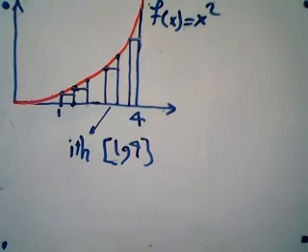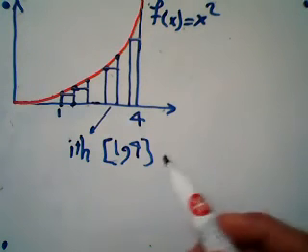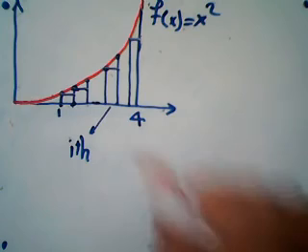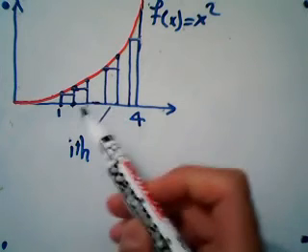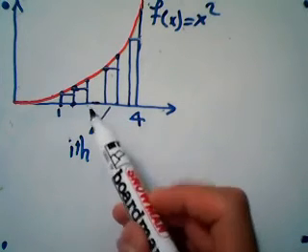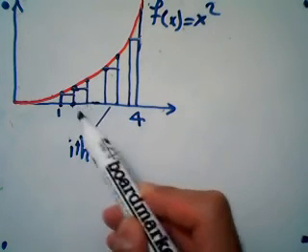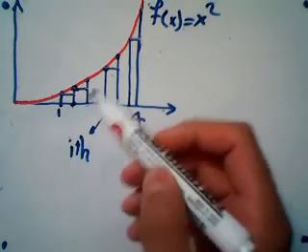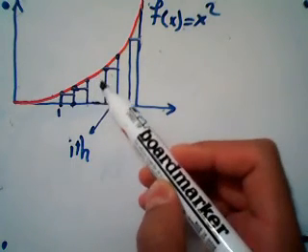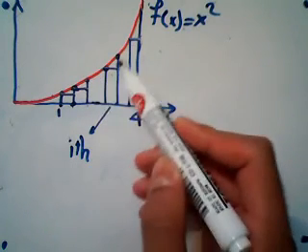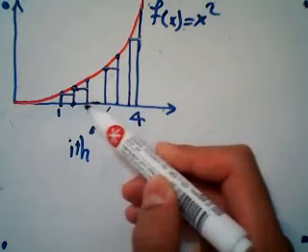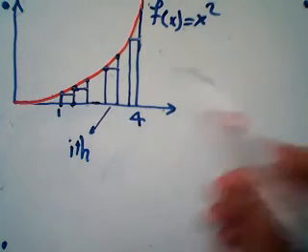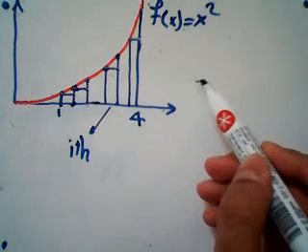Okay, now for instance, for the second subinterval, the area under the parabola above the second subinterval, it's something like this.